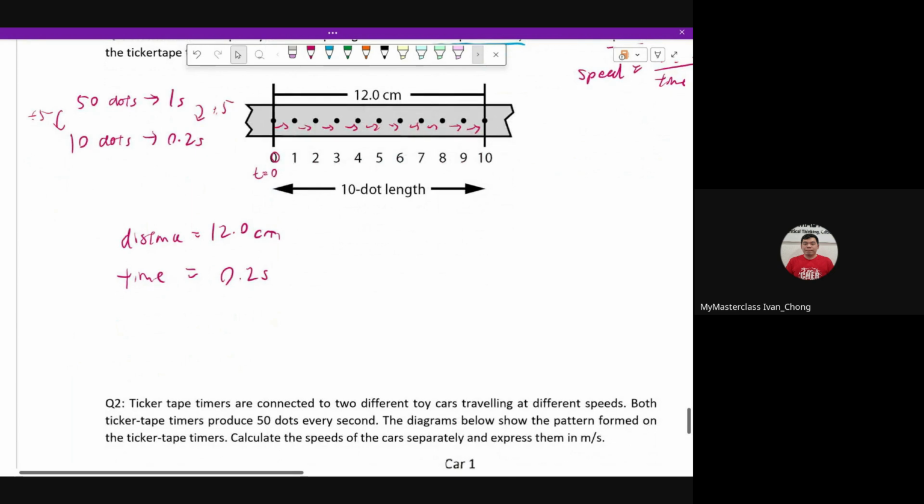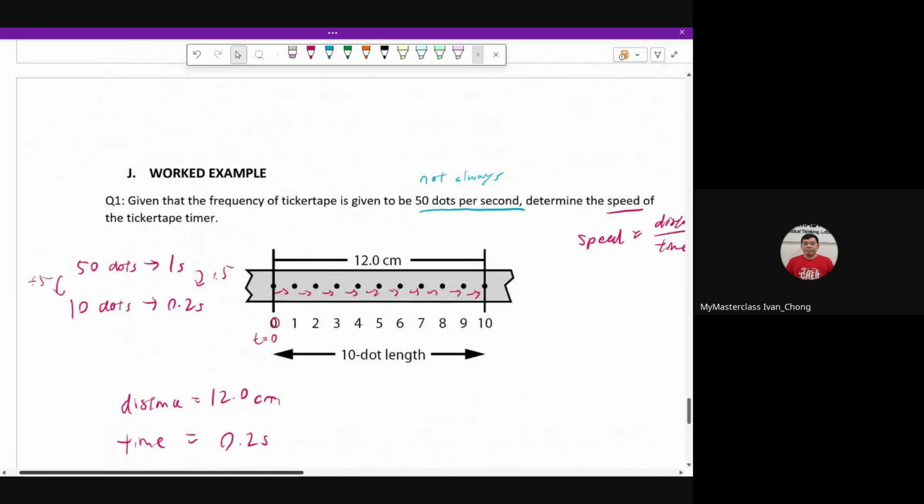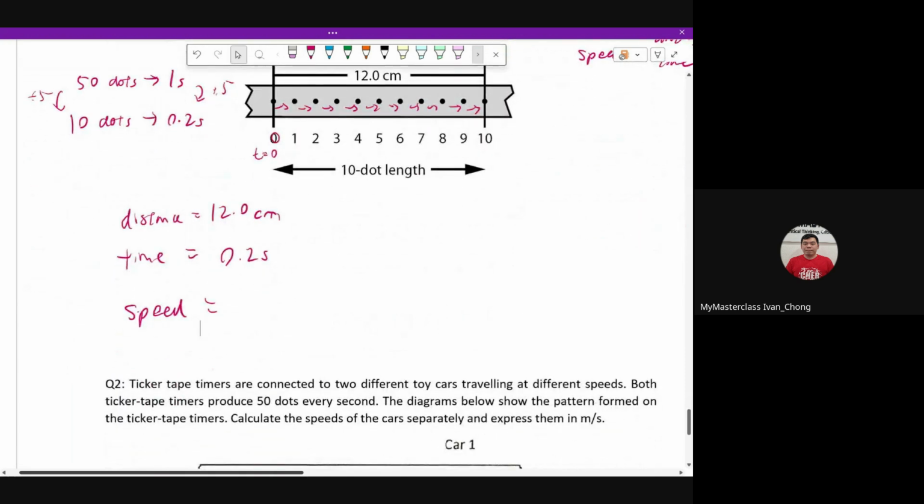So what is my speed? Now, if this question doesn't say express it in meter, in SI units, we can just take this, divide by this, and you end up with 60. So 60 cm per second. Okay, just take note, if you need it, we can actually change it here.